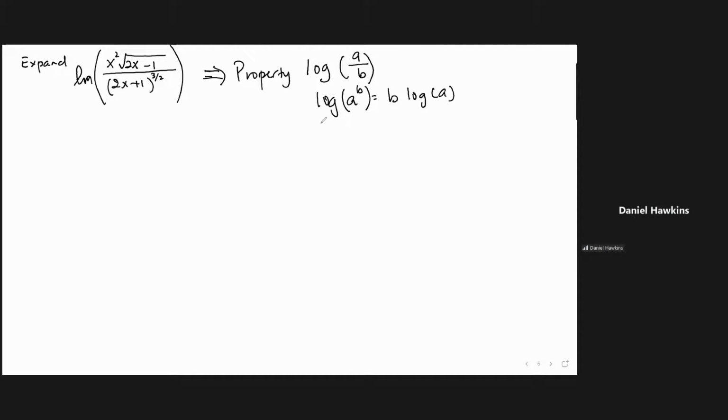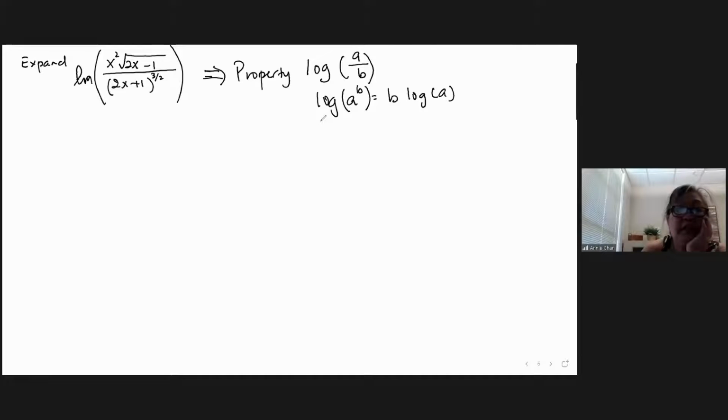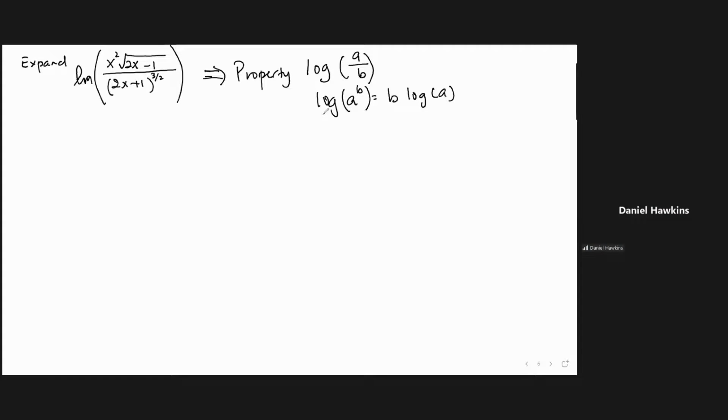It depends on how far we want to expand it, I guess. You're going to expand it until you can expand no more. Like eating till you're full. Then I guess multiply log? Yes, times.